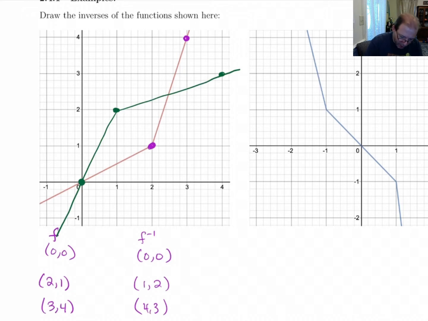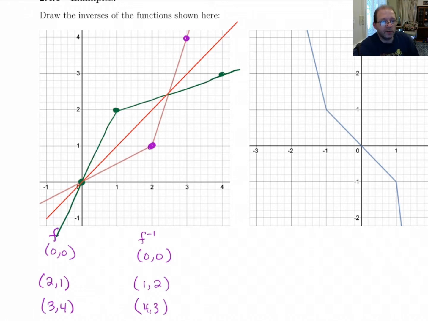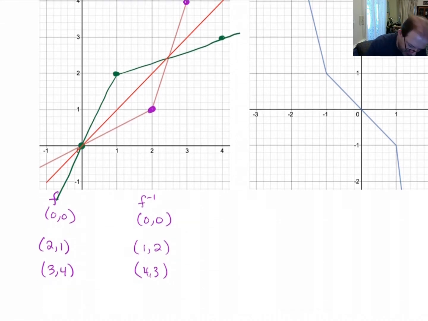Now, one thing to notice: the line y equals x is a line of symmetry. If I were to draw that in, I'll draw it in red, from here up to here. That is a line of symmetry between the original function and the inverse. So I sort of picked the points that are nice, but I could have picked some uglier points. Like the original had this point right here.